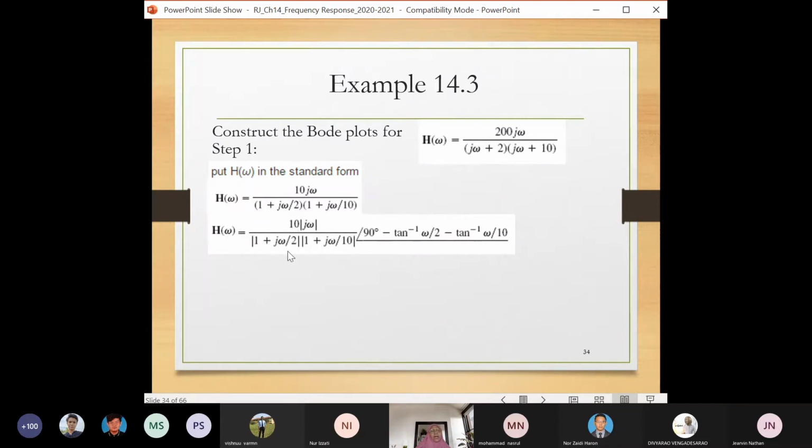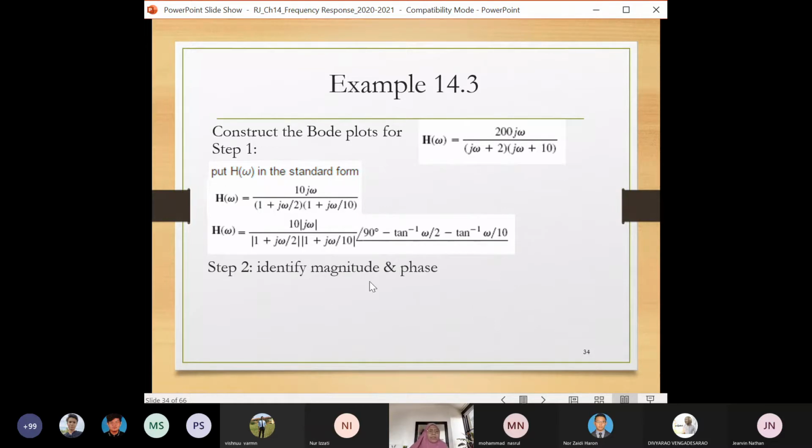No need for you to calculate the magnitude, just write the mathematical representation of the equation: 10 j omega, 1 plus j omega over 2, and then 1 plus j omega over 10. The phase angle will be 90 degrees minus tangent inverse. 90 degrees means you start from 90 degrees, and minus tangent inverse omega over 10.